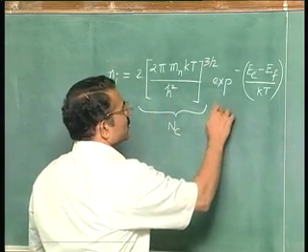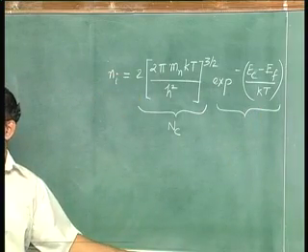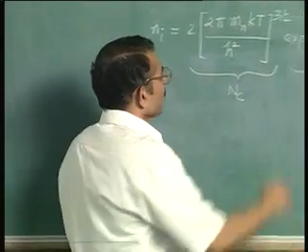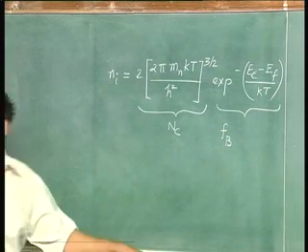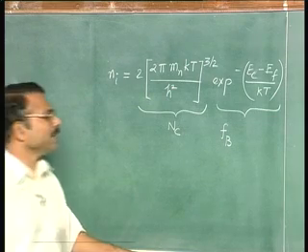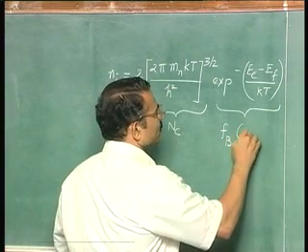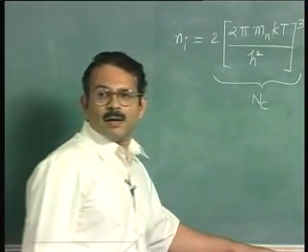What does it represent? This represents the Boltzmann approximation to the Fermi-Dirac function at E equal to Ec and temperature T.